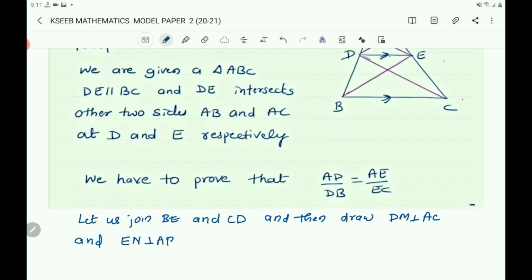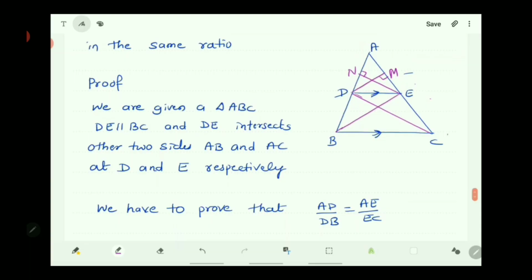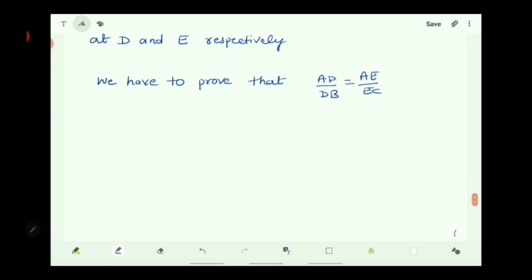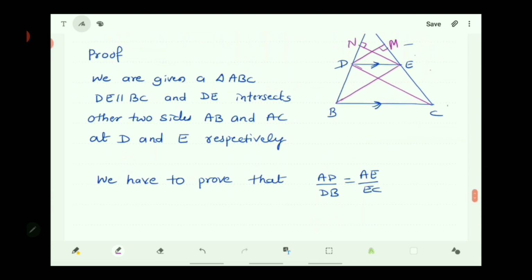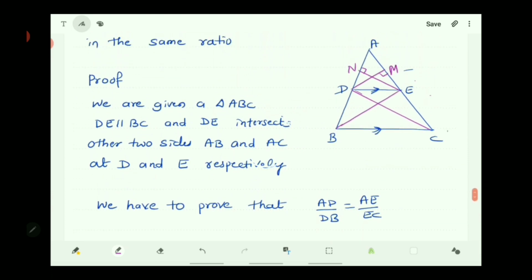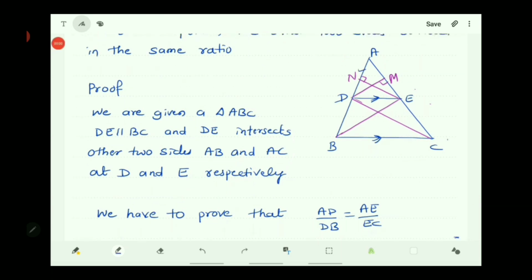That is the construction. To prove that AD by DB is equal to AE by EC, by using this construction, we have to take the help of the formula for the area of a triangle.